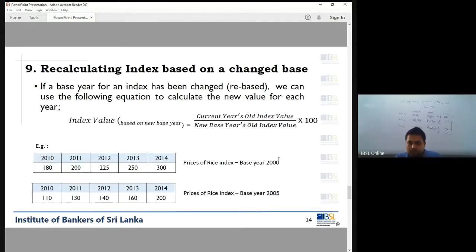So this 180 is the current year's old index value, and you divide that by 115, which, as I said a moment ago, is the base year's old index value. It's 200 divided by 115. It's 225 divided by 115. Now this is just a fictional table. All I'm going to highlight is that once you change your base, you are looking at a different set of indexes calculated based on your new base.